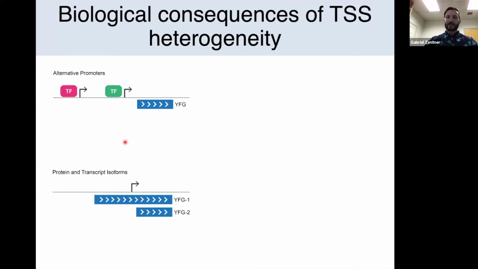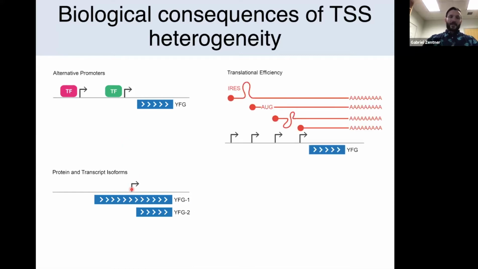And this has been really well studied in plants. Now, beyond the production of variations in the coding potential of a given transcript, alternative start site selection can have profound consequences for translational efficiency. You can have the inclusion or exclusion of internal ribosome entry sites, thus bypassing cap-dependent translational initiation.